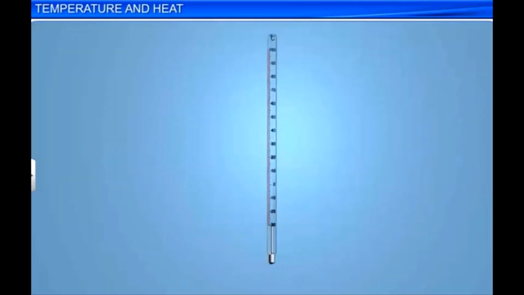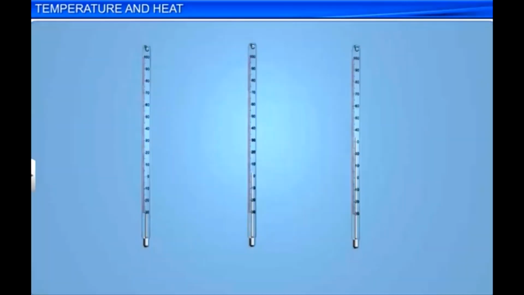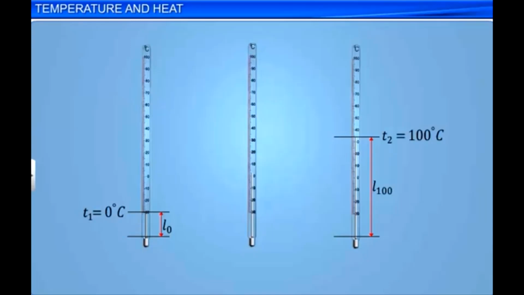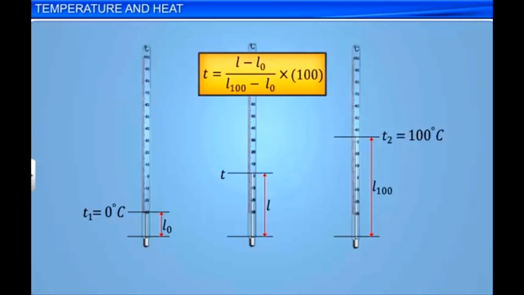For a Celsius mercury thermometer, if the lengths of the mercury columns are L0 and L100, corresponding to two reference temperatures, T1 equal to 0 degrees Celsius and T2 equal to 100 degrees Celsius, then the temperature T corresponding to a length of L is T = (L − L0)/(L100 − L0) × 100.